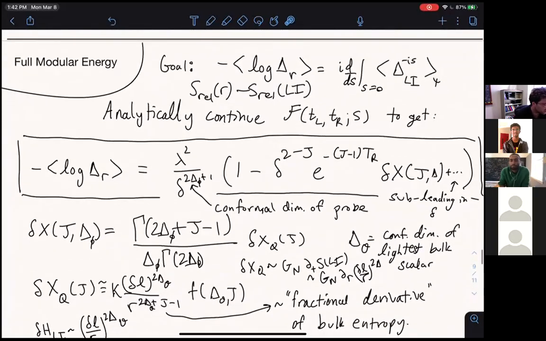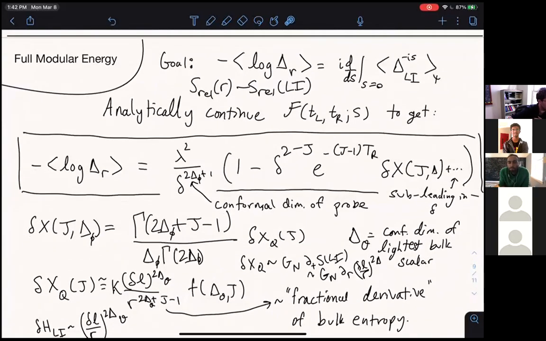So, all right. We've computed this correlation function in the Regge limit, and now we just need to take s derivatives. This is the main result. We take this s derivative, and we produce this expectation value of the full modular energy. It has this interesting behavior as a function of t right and the smearing length delta. It's 1 minus this exponentially growing piece, but as a function of j, it has this interesting dependence on delta.